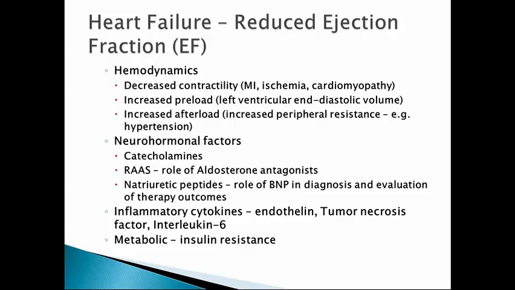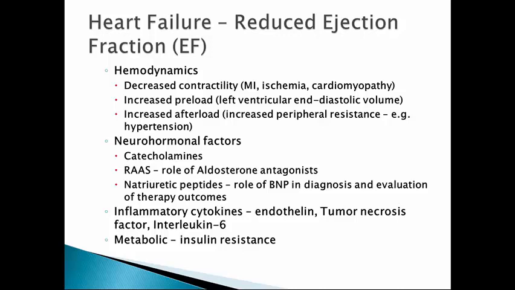Now remember, ejection fraction is the amount of blood ejected from the ventricle each beat. So preload is the pressure at the end of diastole. So it's the left ventricular end diastolic pressure. So if we increase that preload, you would have a higher left ventricular end diastolic volume as well as pressure. The pressure comes from the volume.